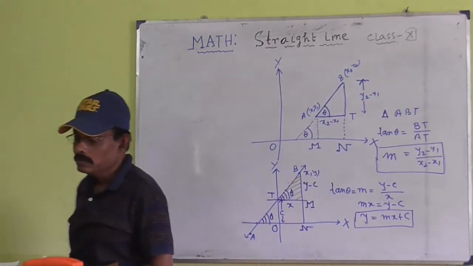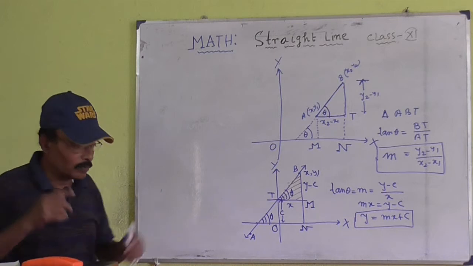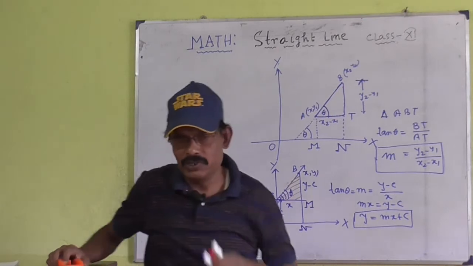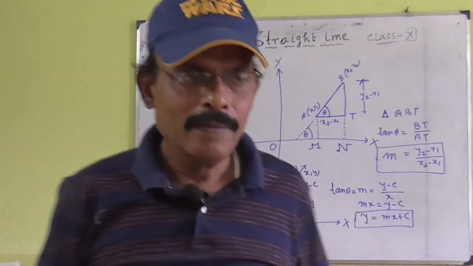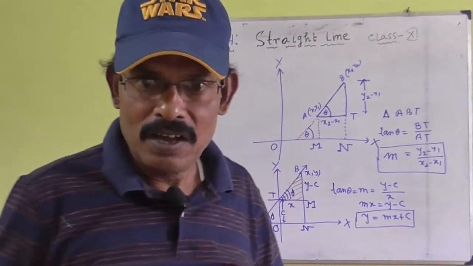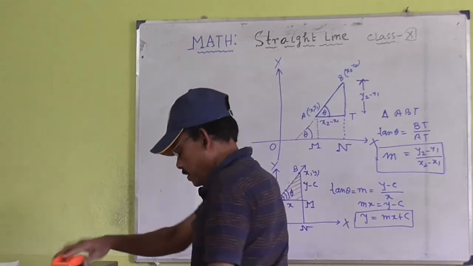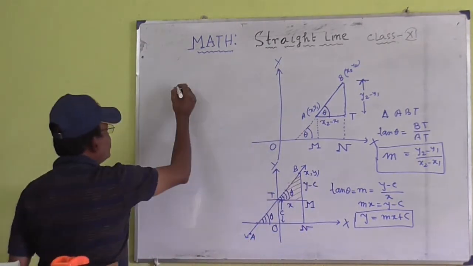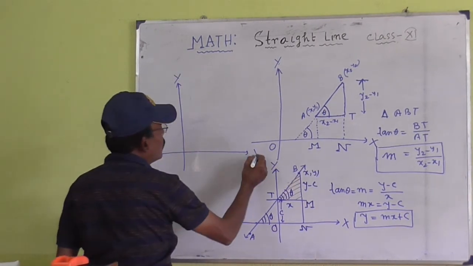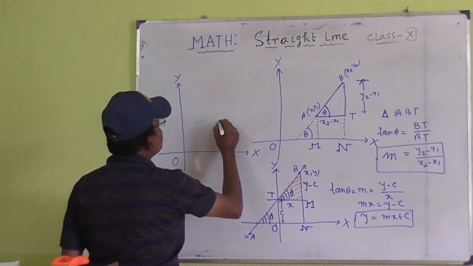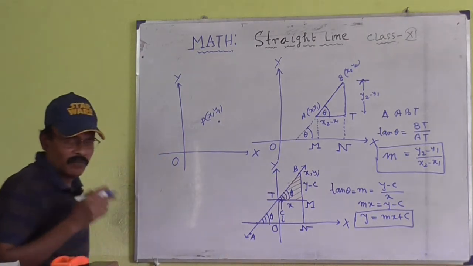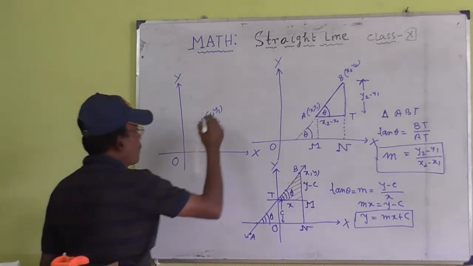Okay. Now, the point slope form. Point slope form means the line passes through a point x1, y1. That means, if we choose 2, 3, or let us choose minus 4, 5. Here, this point P is x1, y1, let us say 4, 5 or 2, 3, this way.